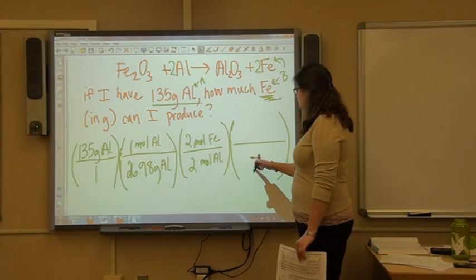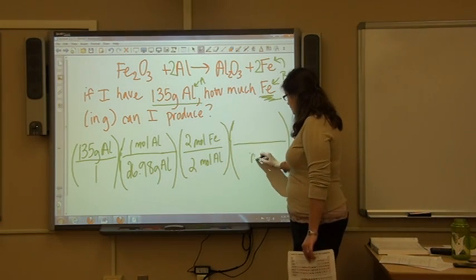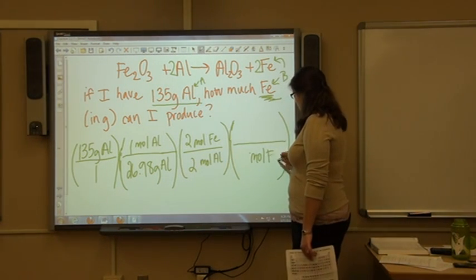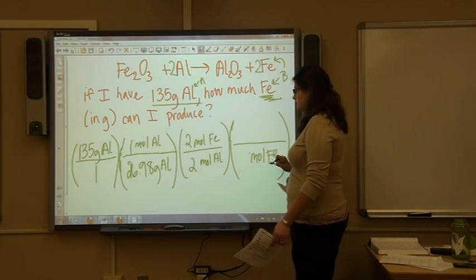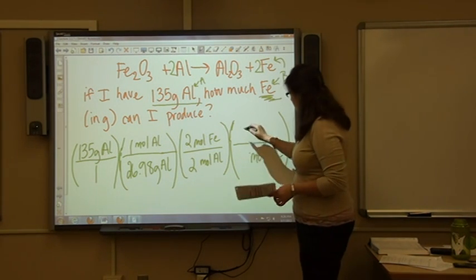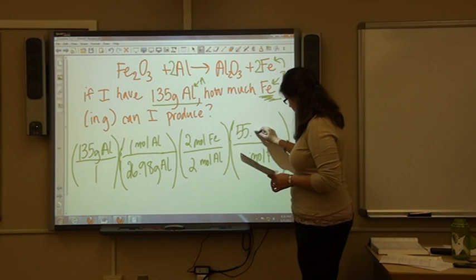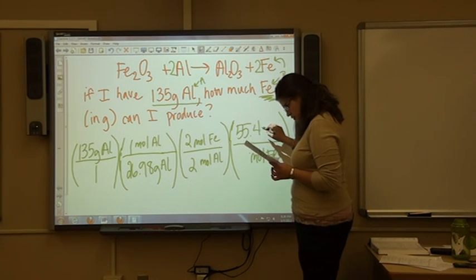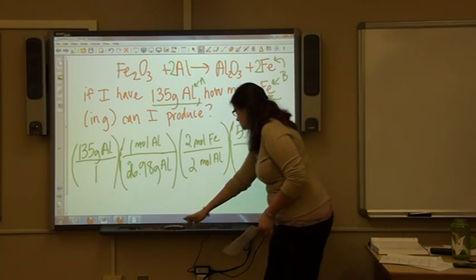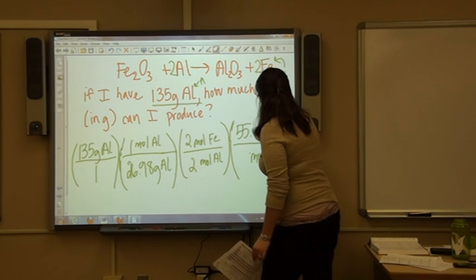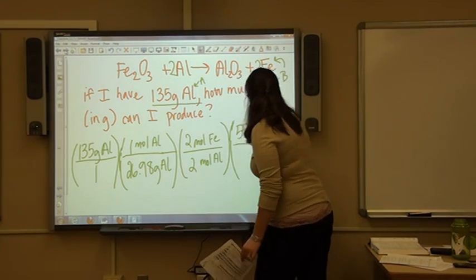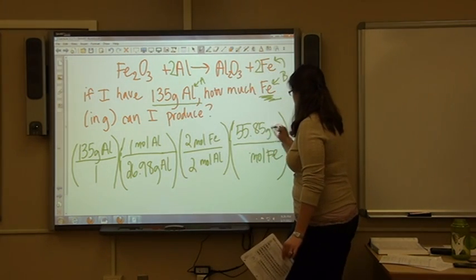Okay, so in this next bracket we need to cancel out moles of iron. And here is again where we have to calculate that molecular weight. And for iron it's 55, I think 0.45. Oh, excuse me, 0.85 grams of iron.